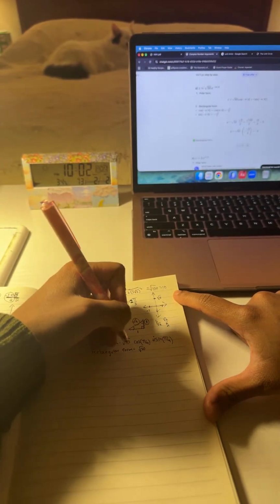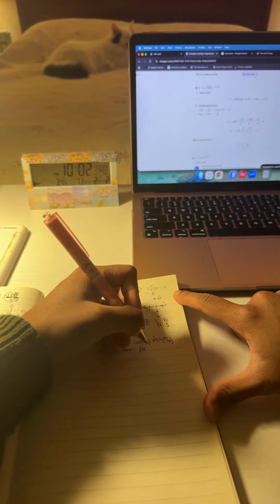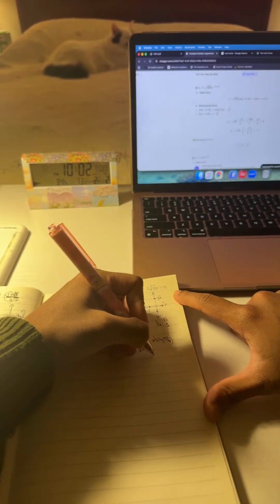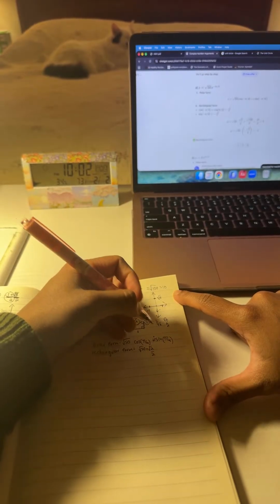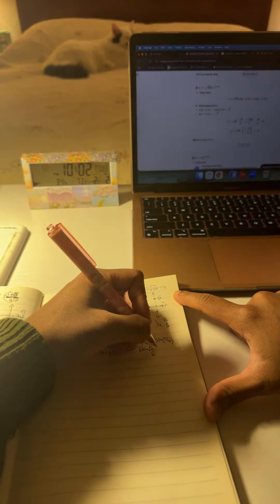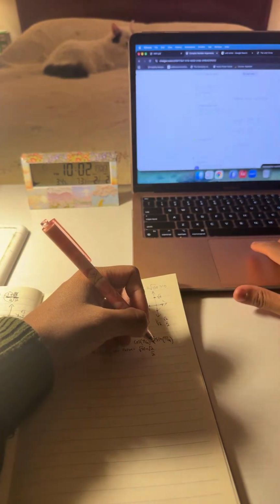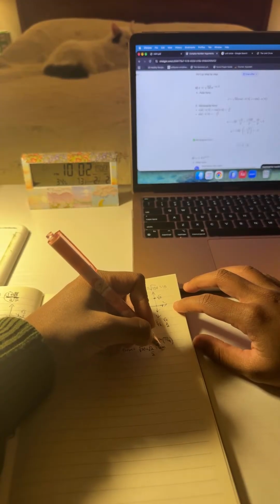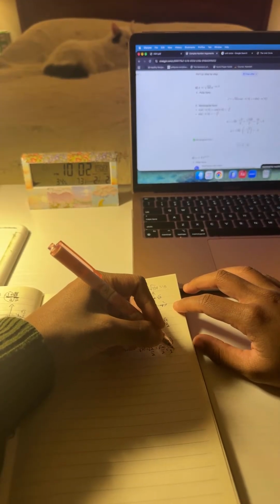So rectangular form is root 2 over 2, which is equal to root 100 over 2, is equal to 10 over 2, which is equal to 5.